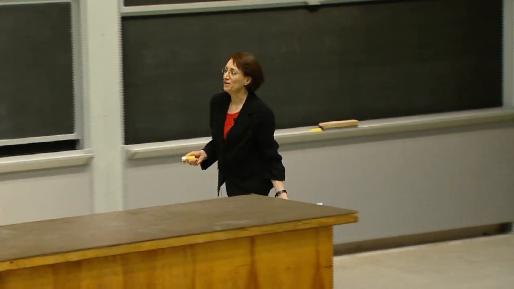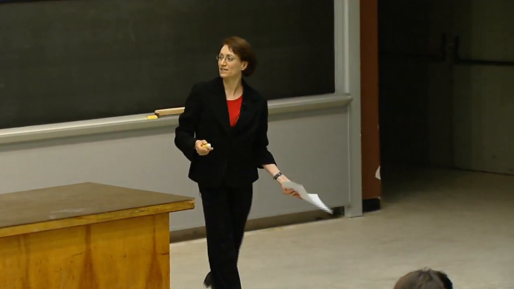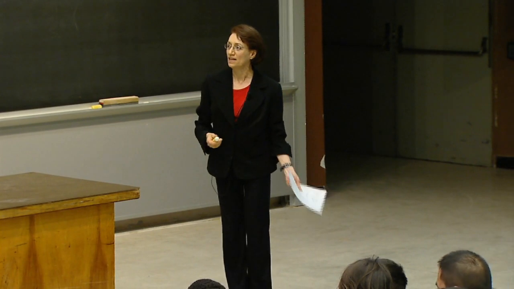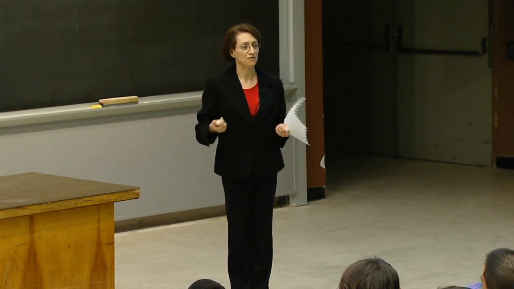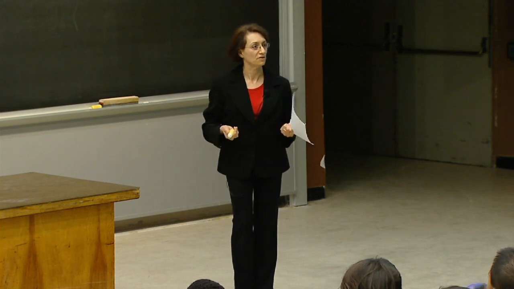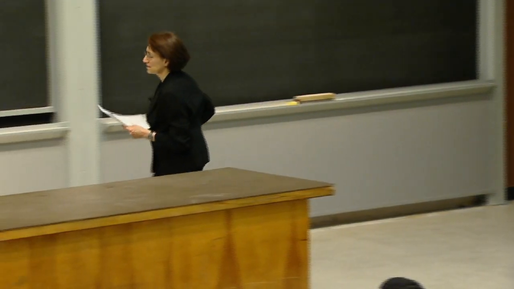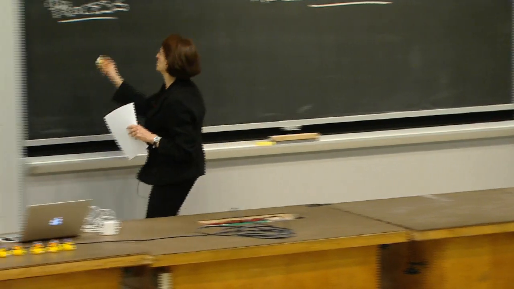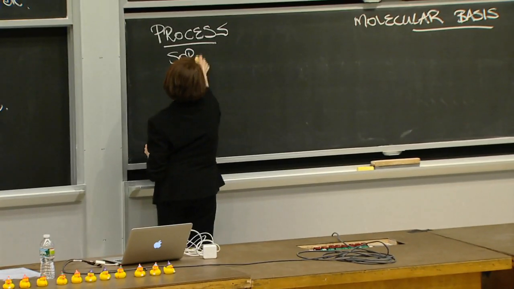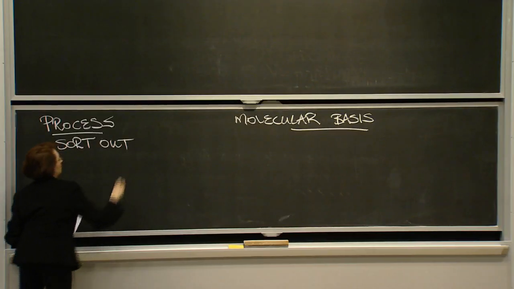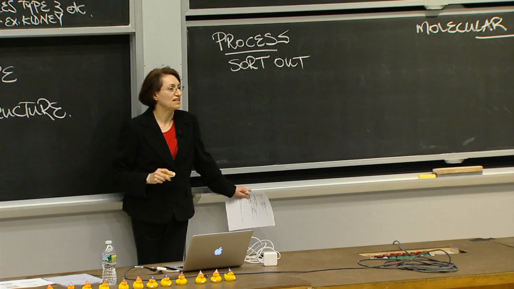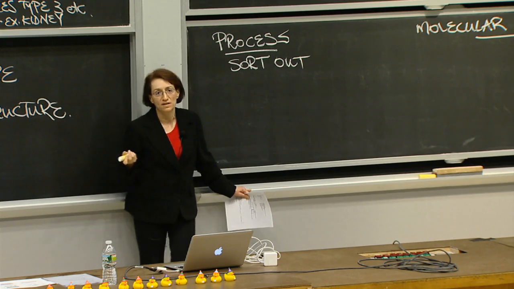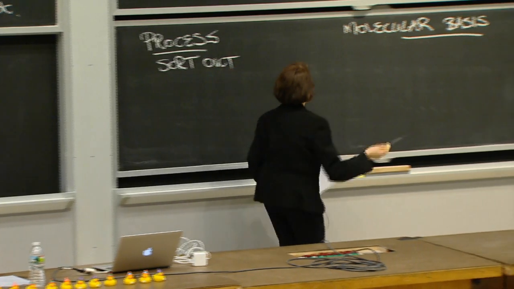Well, one thing, if you look at my pile of cells in the 3D structure, is that those cells have been sorted out. I've put them in different colors, in groups of different colors. So I'm going to write that the cells sort out. And there is a molecular basis for that. It's called homotypic adhesion, where like cells tend to bind to one another so that they can function as a unit.